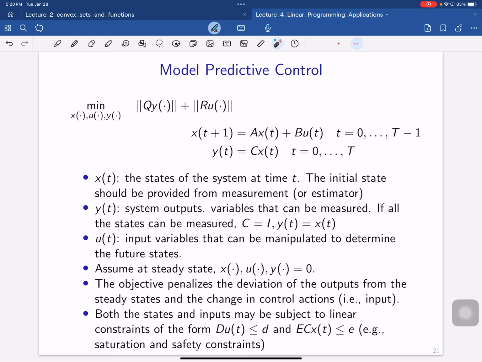So how are you going to change your coolant flow rate in the future? Now at t equals 0, you solve an optimization problem like this to say from now to 10 minutes from now, what is the optimal control action I should give to my reactor such that my reactor can operate at steady state?